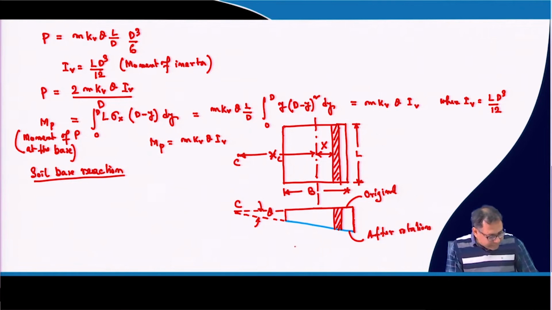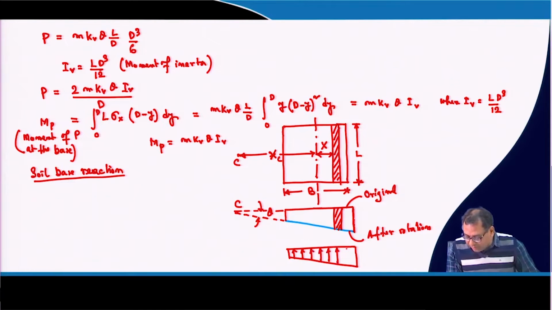Because of that, there will be a stress difference at the base of the well, because it is rotating in this direction, towards the right. So, this will be the stress distribution at the base of the well, because it will not be uniform, because it is rotating, because you are applying the horizontal load.